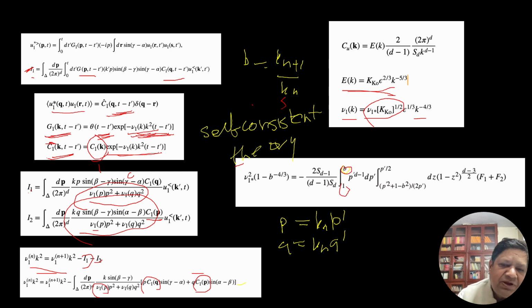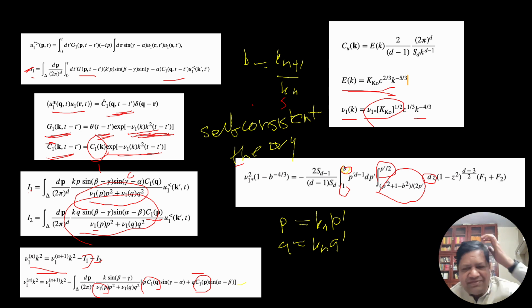q also goes from 1 to b, but my variables are not p and q, my variables are p and z. So z is cos of gamma, and it is easy to verify that gamma takes these two values. Minimum z is this, and max z is that. So this is the integral, and it's a bit of algebra, but this is what we get. Okay, and f1 and f2 are some functions of p prime and z.